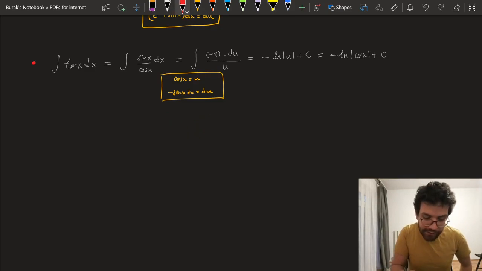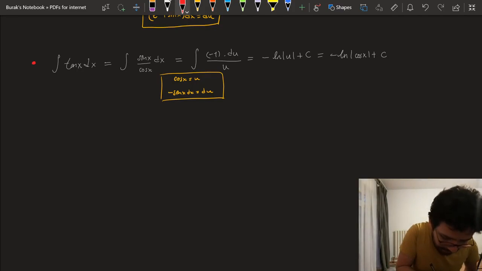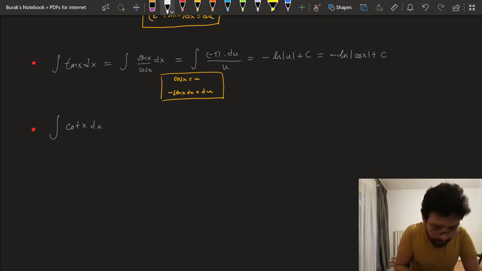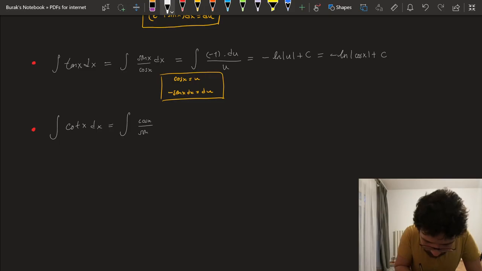Okay. So this is the integral of tangent, and you can easily get the integral of cotangent as follows. This is cosine over sine. So I'm going to do the exact same trick.